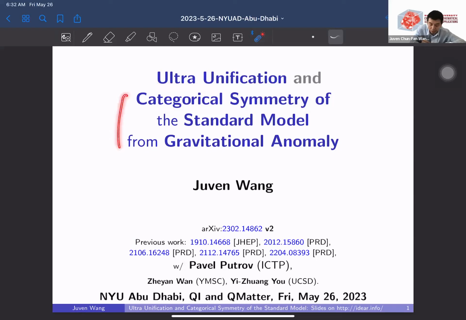And for the first part, and quickly the second part, we will go to the categorical symmetry of the standard model from gravitational. Sorry, Juven, sorry to interrupt. Can you raise the volume of your microphone? Because it's very faint. Okay, sure. Can you hear me clearly? Is it better now? The echo is temporary.